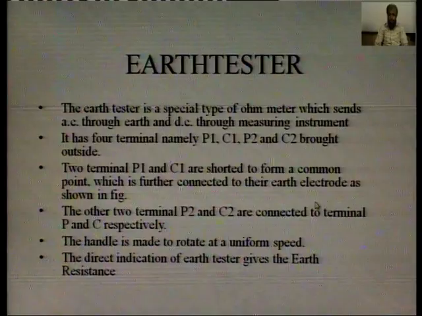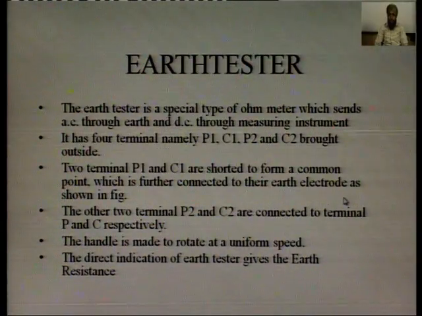Now next is earth tester. The earth tester is a special type of ohmmeter which sends AC through earth and DC through measuring instrument. It has four terminals, namely P1, C1, P2 and C2 brought outside.